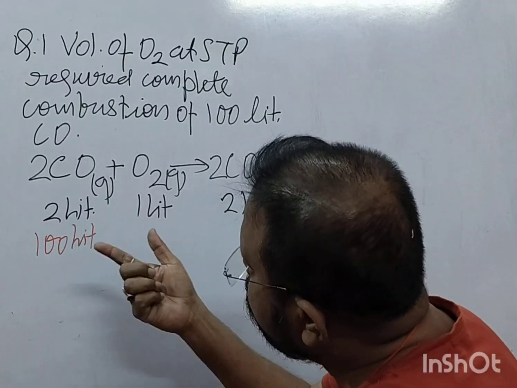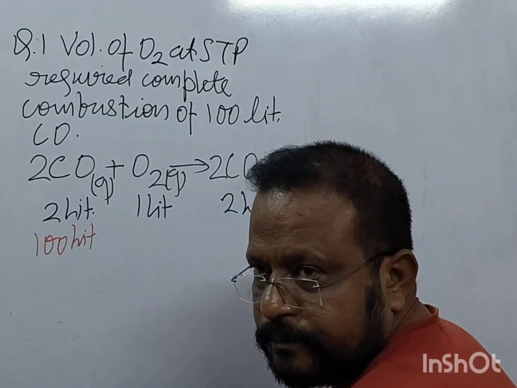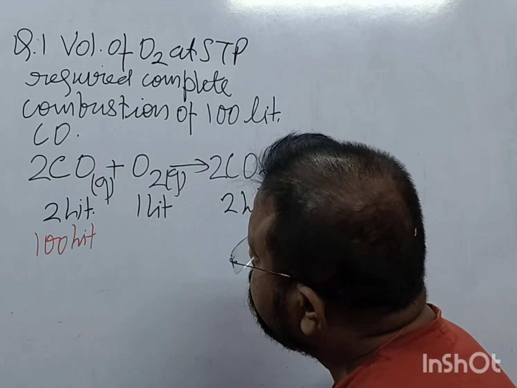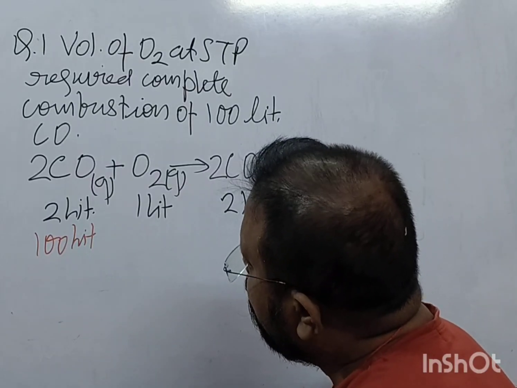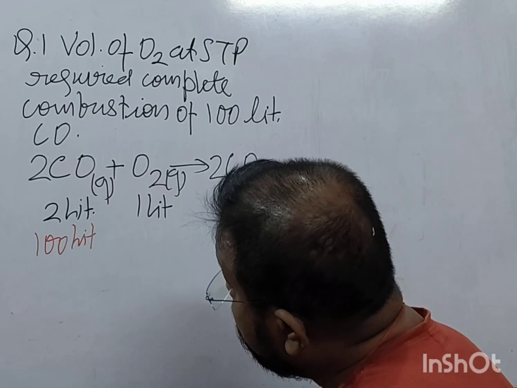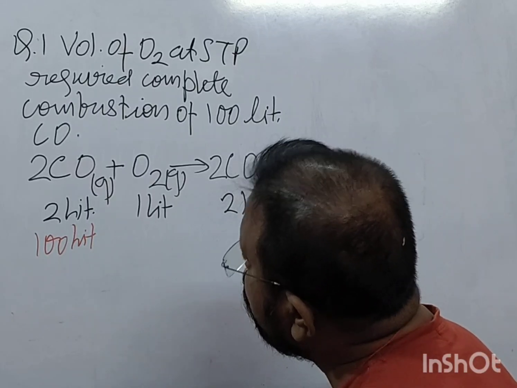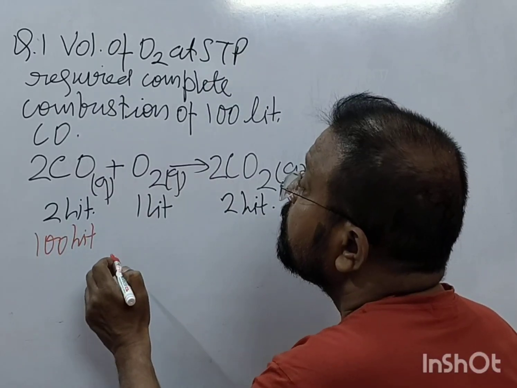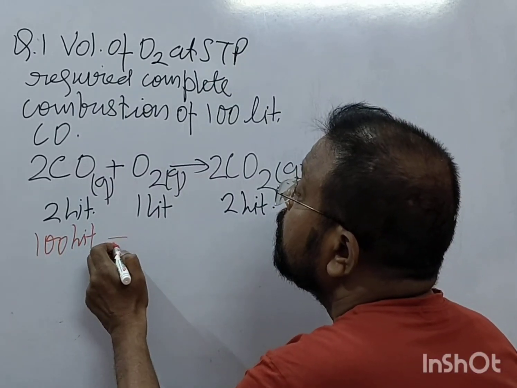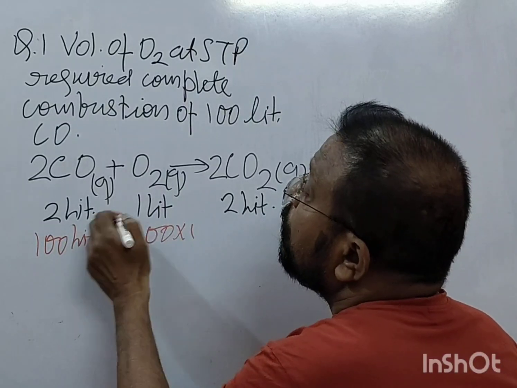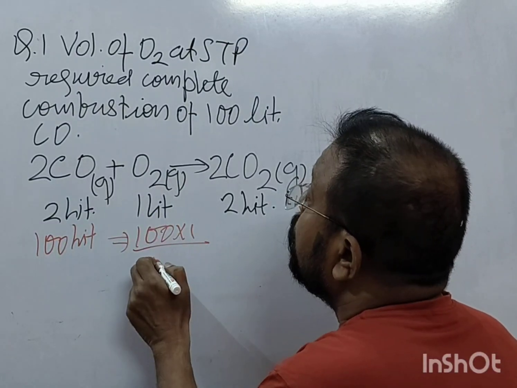So 100 liters of carbon monoxide will combine with oxygen: 100 into 1, cross multiply, divided by 2.